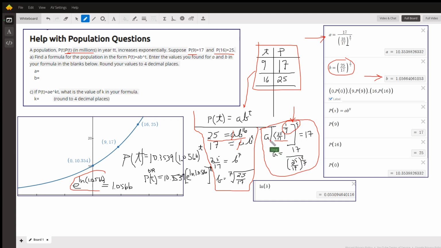Then divide both sides by that value, and we get a equals this. We could simplify that, but here's the decimal representation. So that's actually the initial population in millions, 10.3539 million.